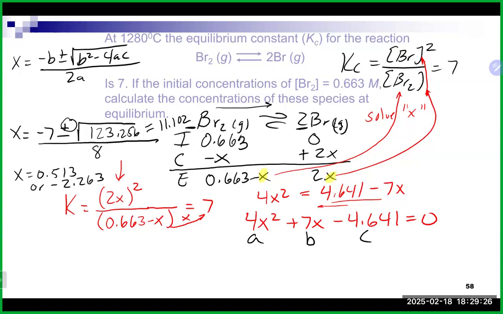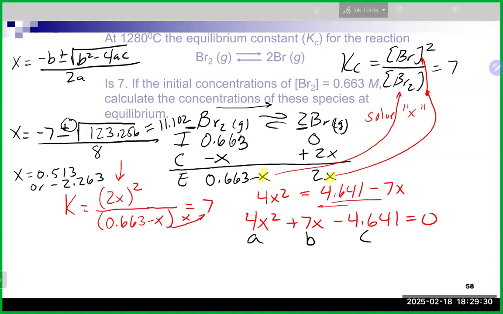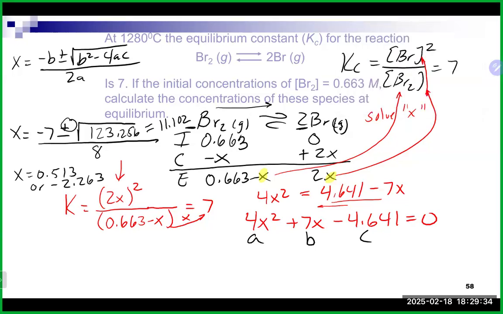You can't have a negative concentration or pressure. Basically it's not really because it's a negative value, but it's because when I put it back into the equilibrium, I get a negative value. So that's really important to remember. This is not going to be our correct x value in this case. That would mean that this x value here should be our correct one.